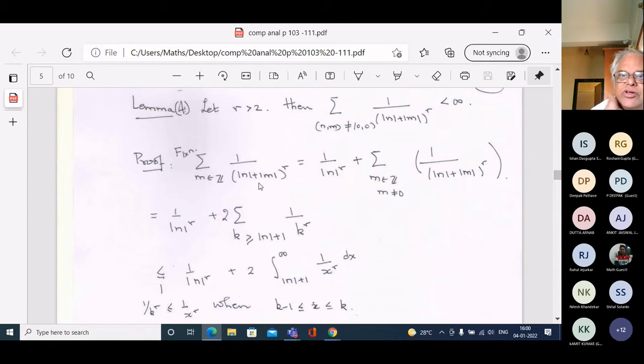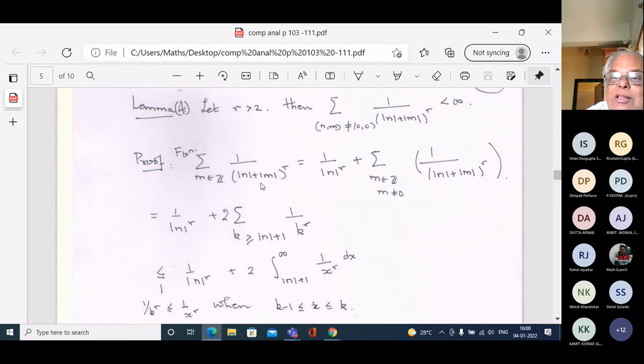So what am I doing here? Why am I putting m not equal to 0? Fix n, and n not equal to 0. Then you can sum up over all the m's. When m is equal to 0, you get n to the r. Therefore, I'm summing up over all m not equal to 0, this to the r.